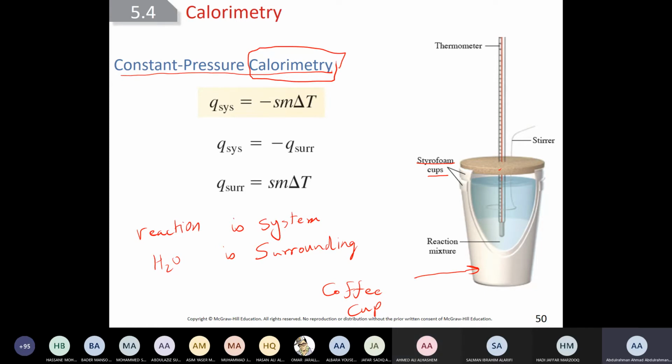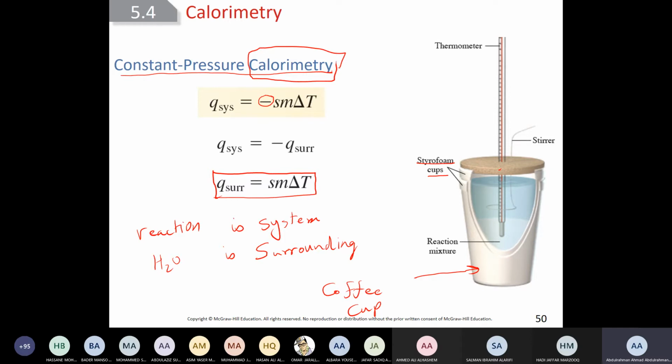Okay. Q for the surrounding, which is the water, is equal to S times M times delta T. But for the reaction, you have to put a minus for it. Because when the reaction is exothermic, this means Q should be negative, but for the water, it will be positive.